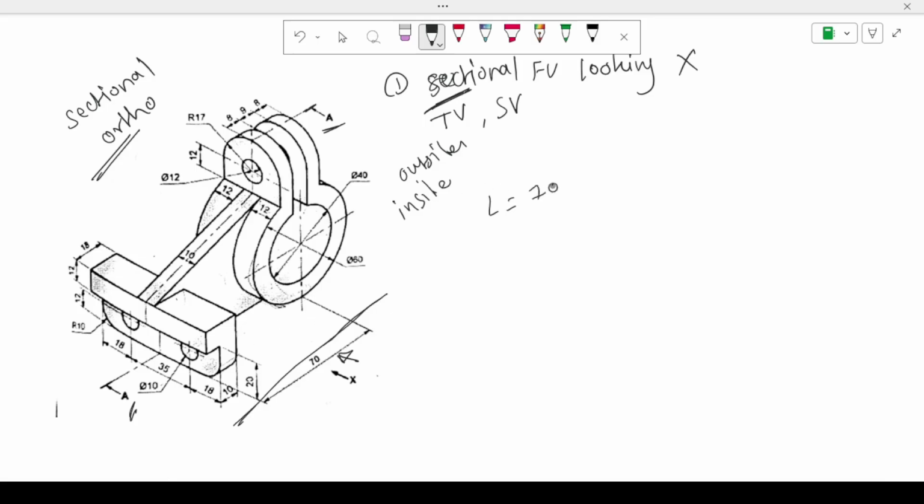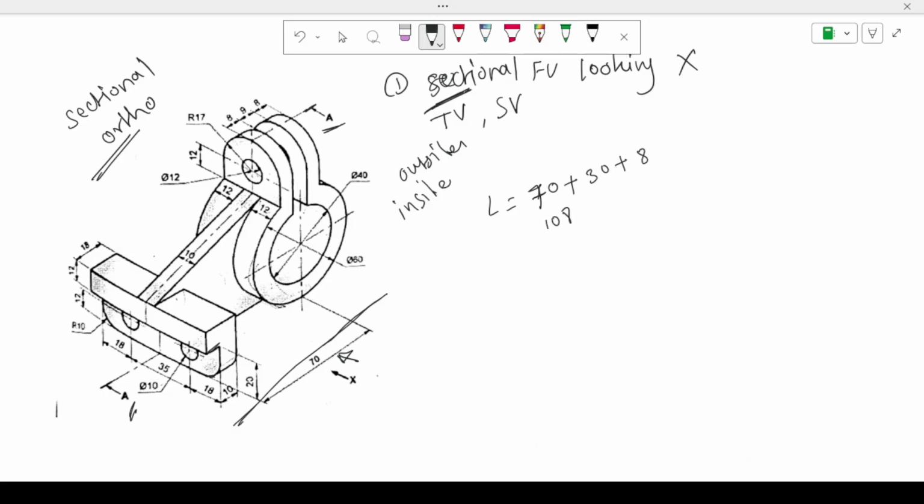So let's add 70 plus, here the diameter is 60, so radius is equal to 30, and plus, because this 70 is starting from this, we have to add this length. It is 18 minus 10, it is 8, so add 8. So length is equal to 70 plus 30 plus 8, it is equal to 108.